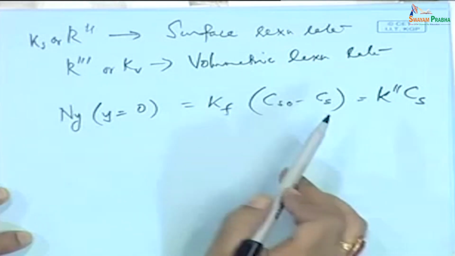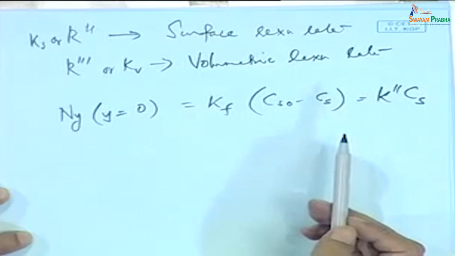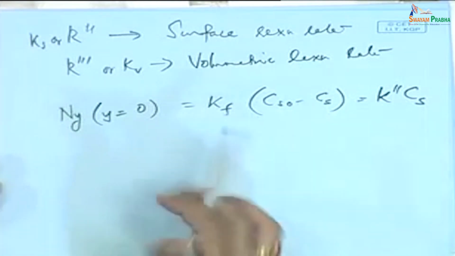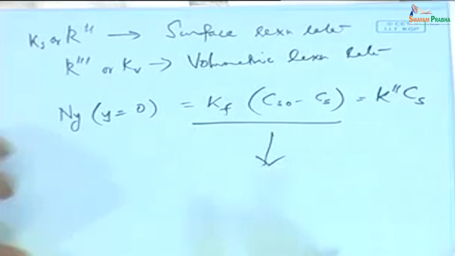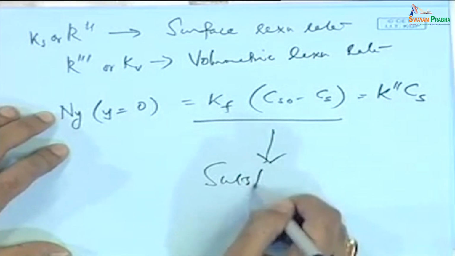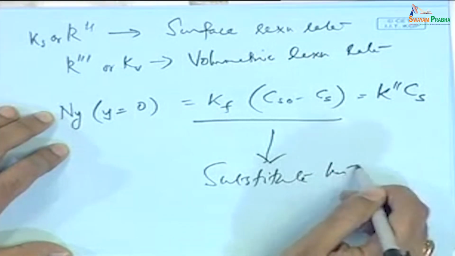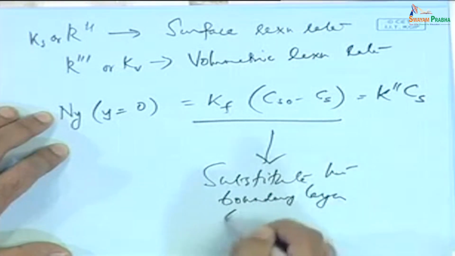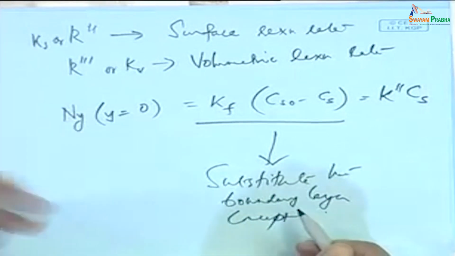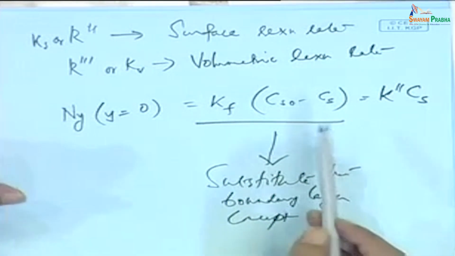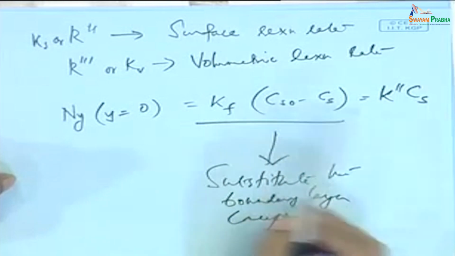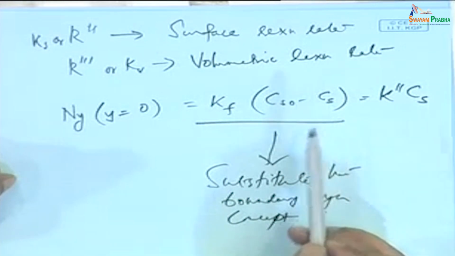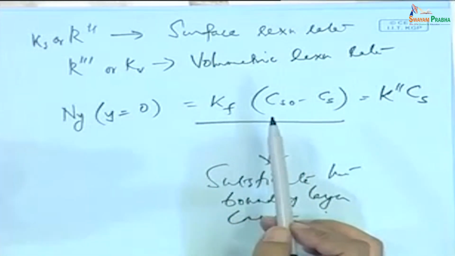Whatever is the concentration outside the boundary layer minus that at the surface, times the mass transfer coefficient for the boundary layer, equals what is being consumed at the interface. So, you substitute the whole concept of boundary layer through the mass transfer coefficient.